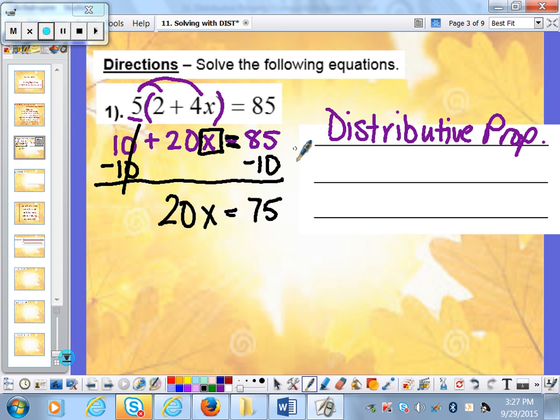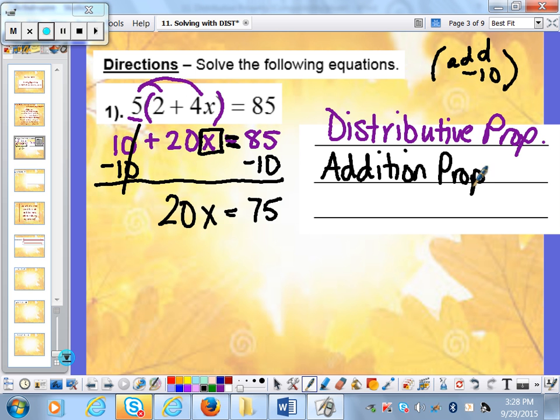Remember that subtracting 10 is really the same thing as adding a negative 10. So the property that we have used here to get our new equation is the addition property of equality. I'm just going to abbreviate here since I'm running out of room. Like that.